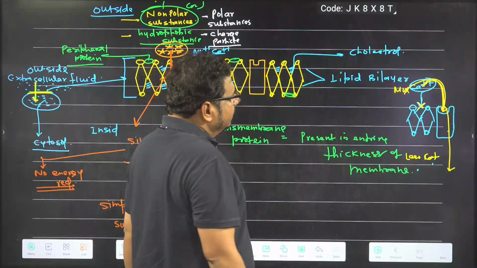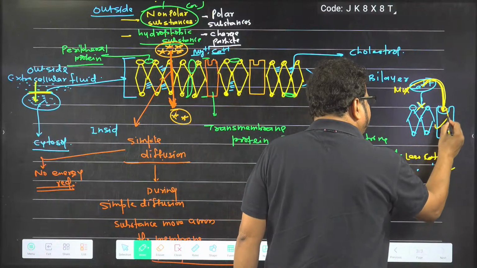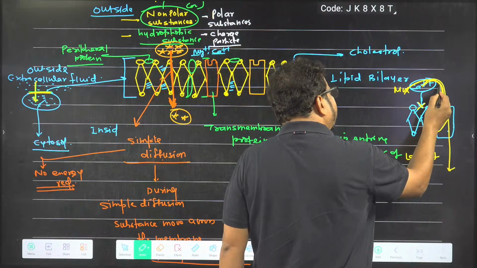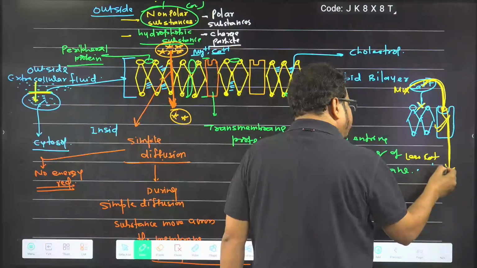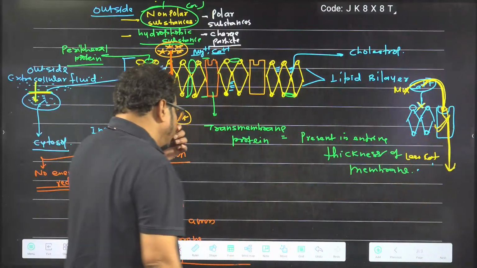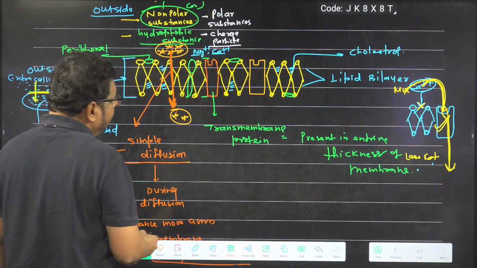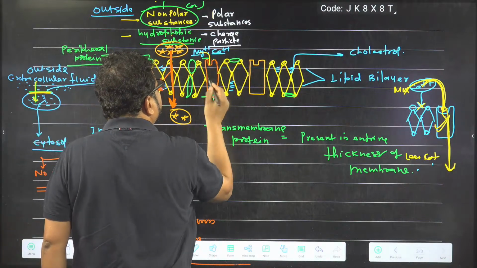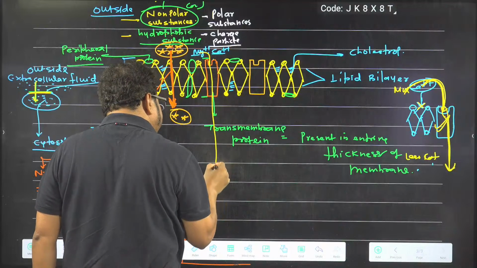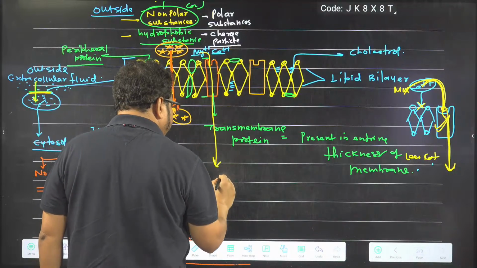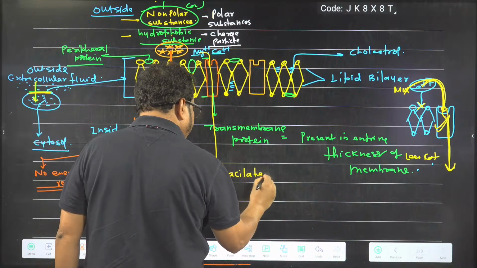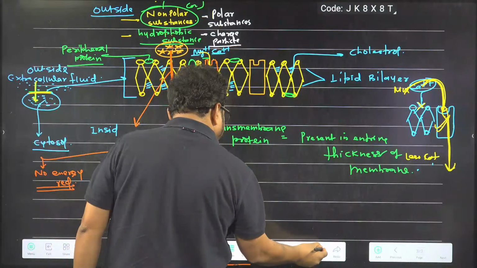So here a supporter, a facilitator, is required. When anything moves from high to low concentration with the help of a carrier protein, it is called which diffusion? Facilitated diffusion. So magnesium or calcium goes from one side of the membrane to the other with the help of facilitated diffusion.